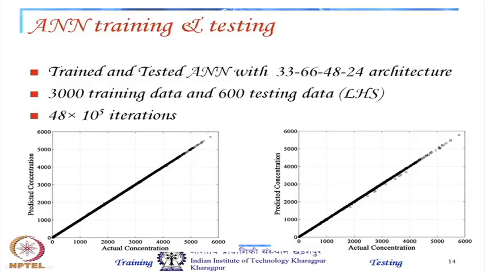So, these many iterations are required for the testing part, and the 3000 training data set was used and 600 testing data set, and this was the architecture: 33 inputs, 2 hidden layers, and this is the output.